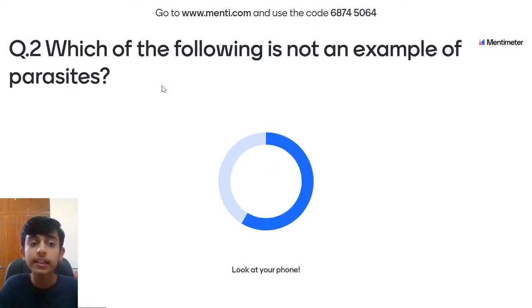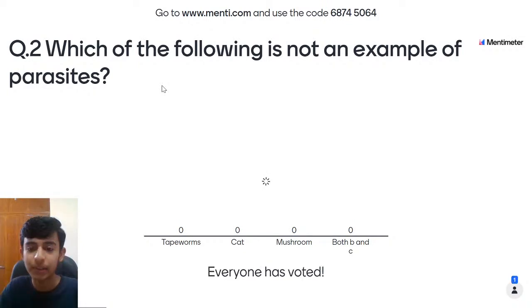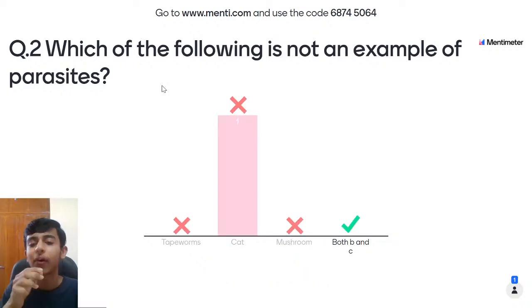Now I am moving on to the next question. Which of the following is not an example of parasites? Tapeworms, cat, mushroom, both B and C. So you need to tell me which one is not. What are parasites? Let's see how many of you are able to vote. Oh my god, who has voted for cat?